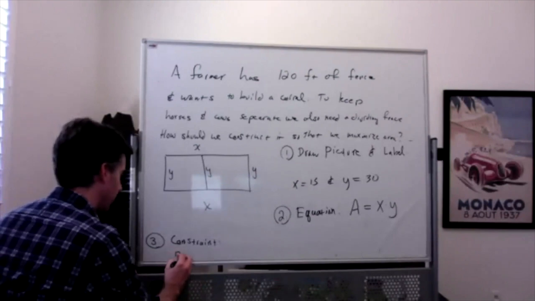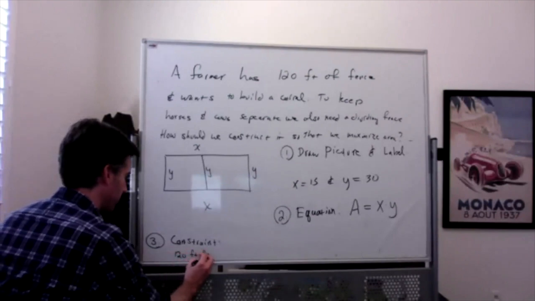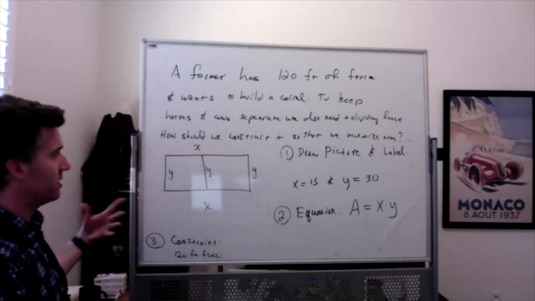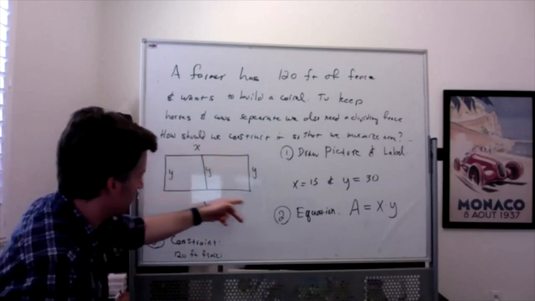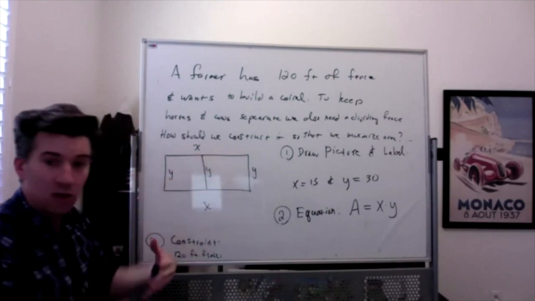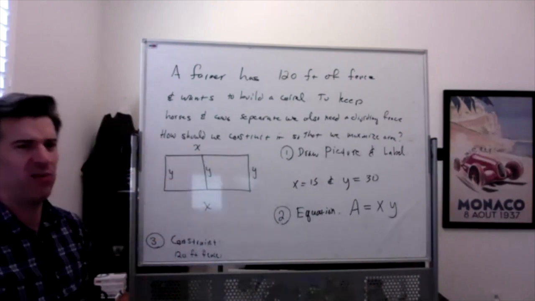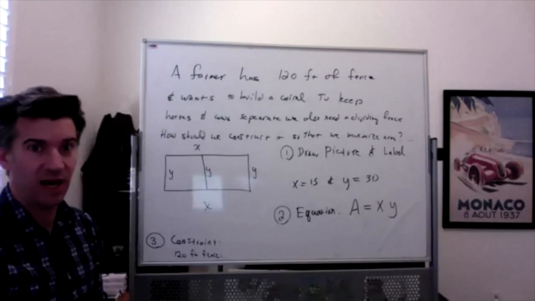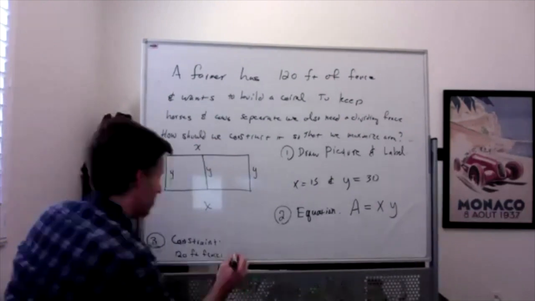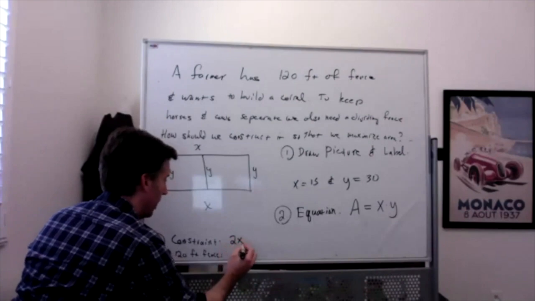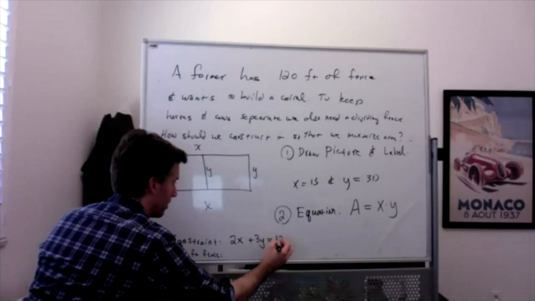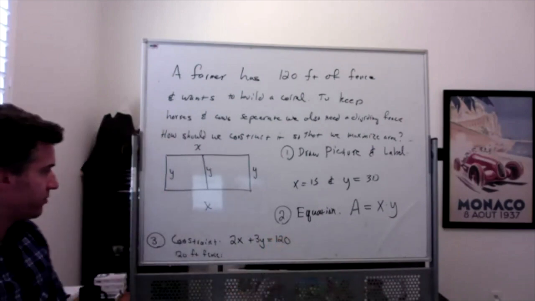What that means for my corral is that this length plus this length plus this plus this plus this should add up to 120. I don't want to use less fence because I'm trying to get the most area possible. So I'm going to use all the fence, and I get 2x plus 3y equals 120.